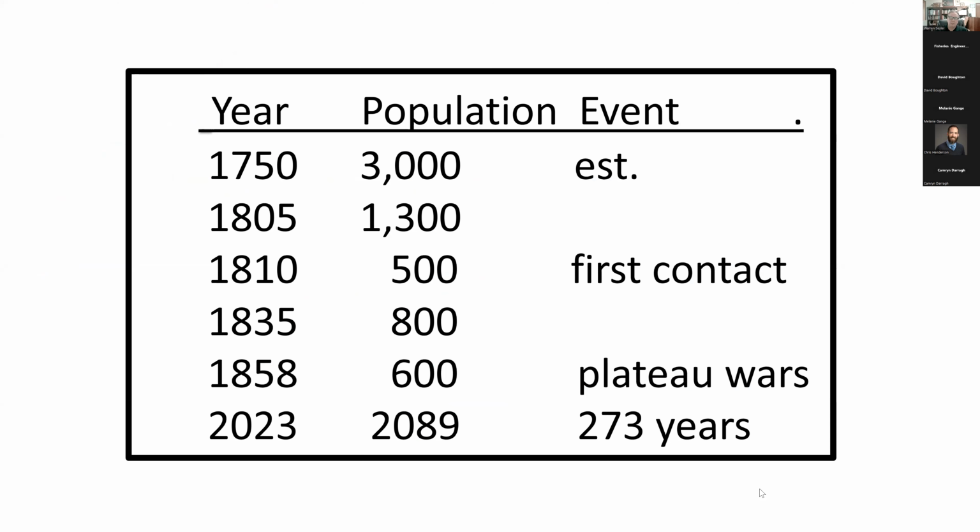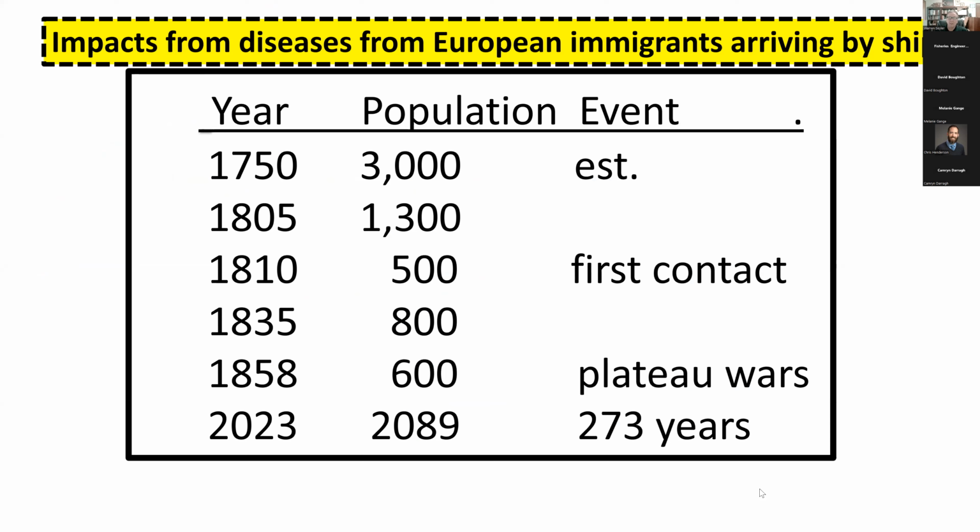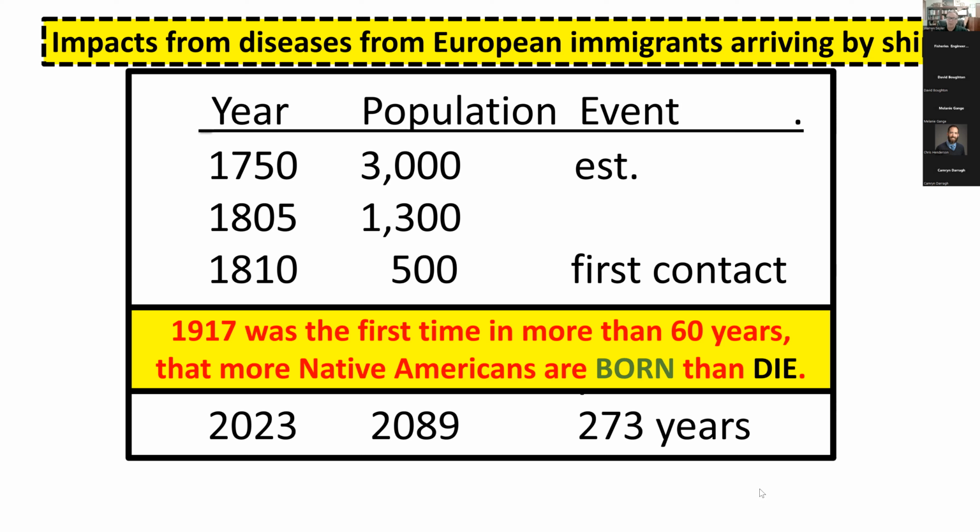What caused this decrease in population was the diseases that came from Europe over on the ships. And just understand how we almost went out of existence. It wasn't until 1917 that, for the first time in over 60 years, more Native Americans were born than had died.